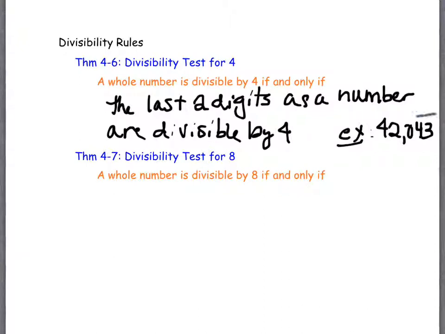We take the last 2 digits and we focus on them as a number in and of themselves. This is the number 43. Okay, we say 43, and we ask ourselves that same question. Is 43 divisible by 4? The answer is no, and if the answer is no, then the whole number originally that was longer is also not divisible by 4. Okay, so we just isolate the last 2 digits, and we look at them as one whole number combined.